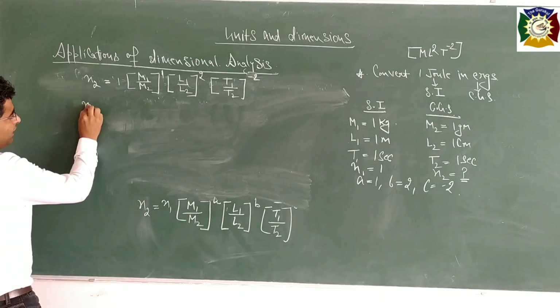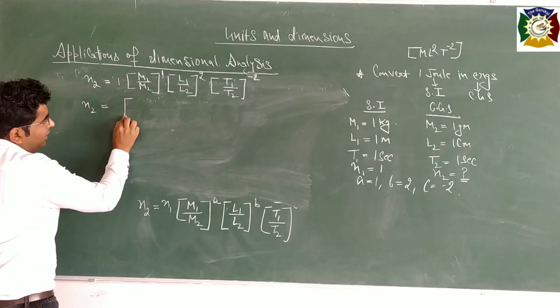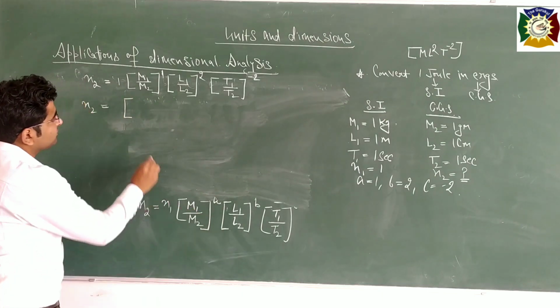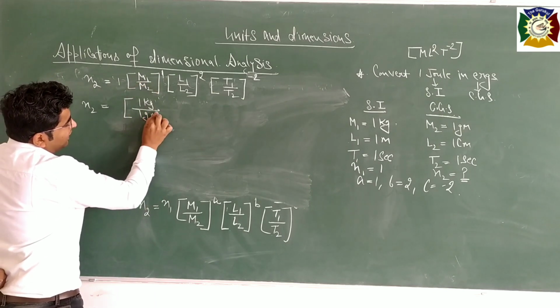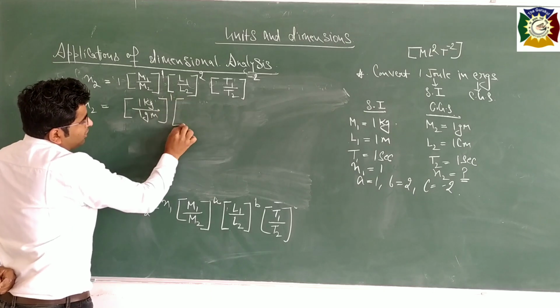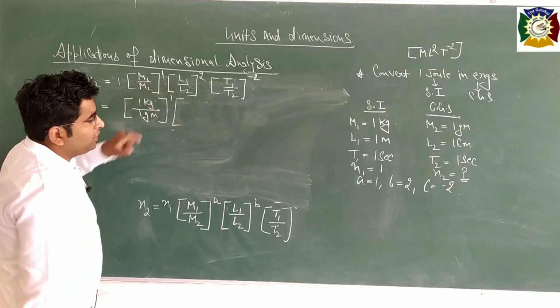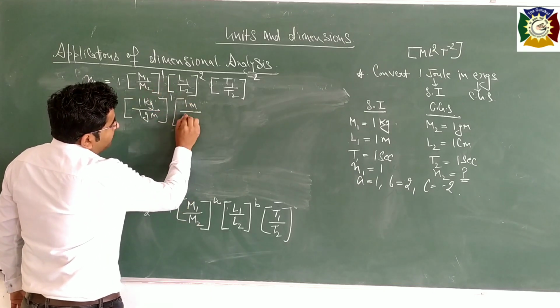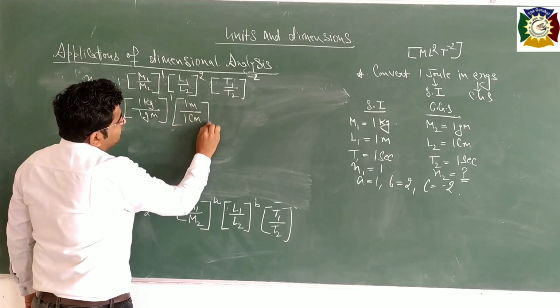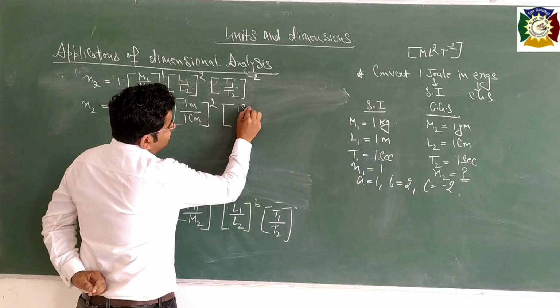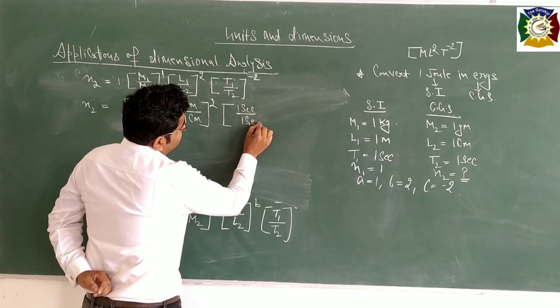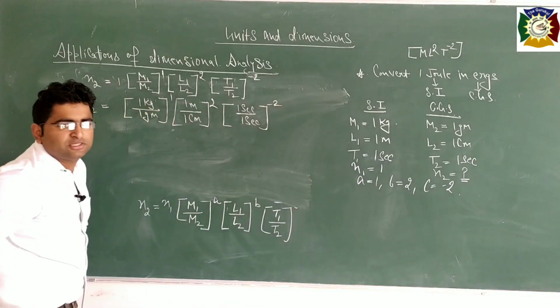Now N2 is equal to M1 is 1 kg, M2 is 1 gram, power 1. L1 is 1 meter, L2 is 1 centimeter, power 2. T1 is 1 second, T2 is 1 second, power minus 2.